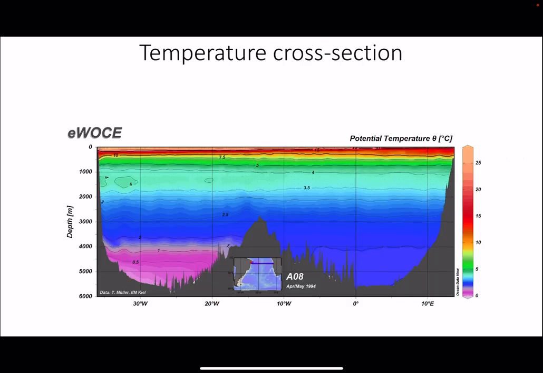And this is data from EWOS. So this is a temperature cross-section. We're going to look at plots like this throughout the course, looking at different types of parameters. And the first thing to do when you see something like this is to find the map here that shows you where on Earth you're looking. So this shows you that you're in the South Atlantic, okay? And this line is going from the east coast of South America to the west coast of Africa. And this is basically a slice right across the ocean.